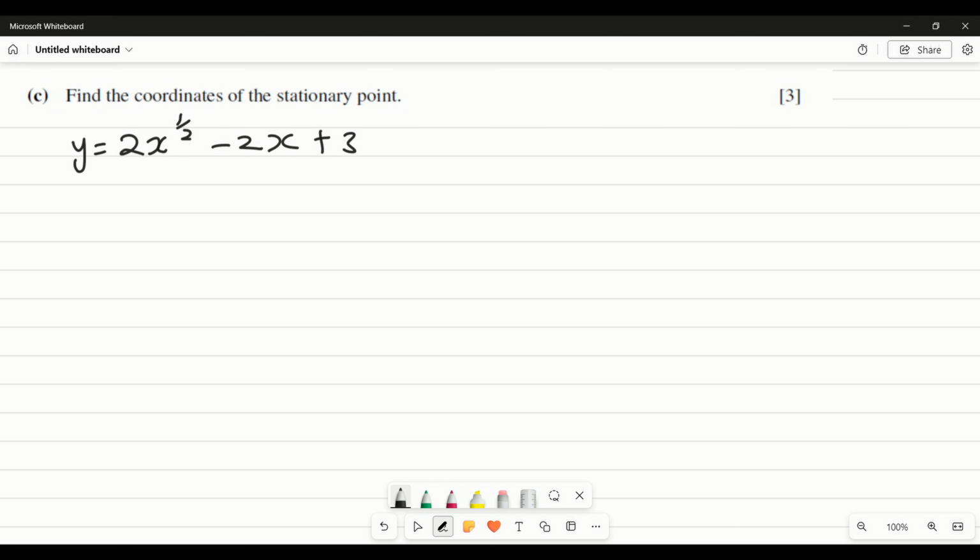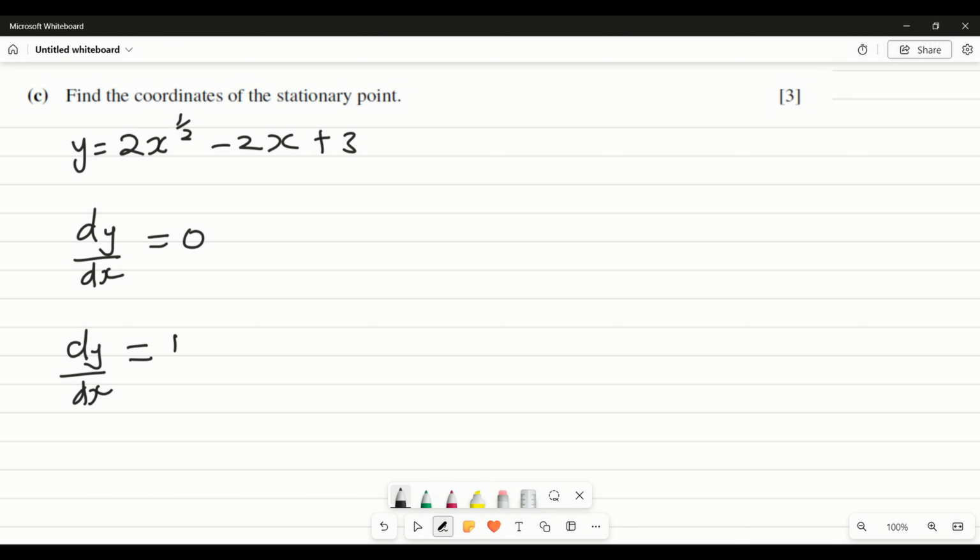What do you have to know about the stationary point? The value of dy over dx is equal to 0. So we are going to differentiate this. Our dy over dx, that's our gradient function, would be the same as what? We start with the power.